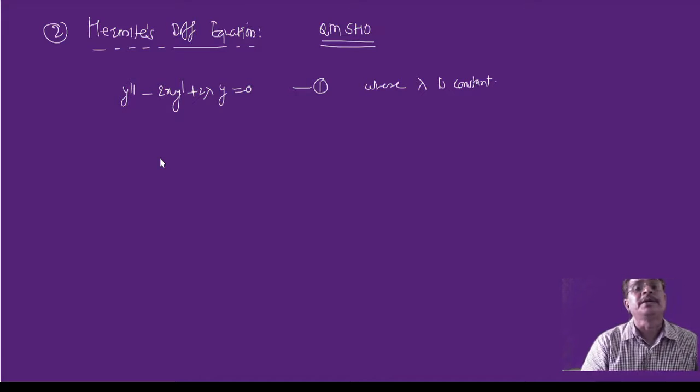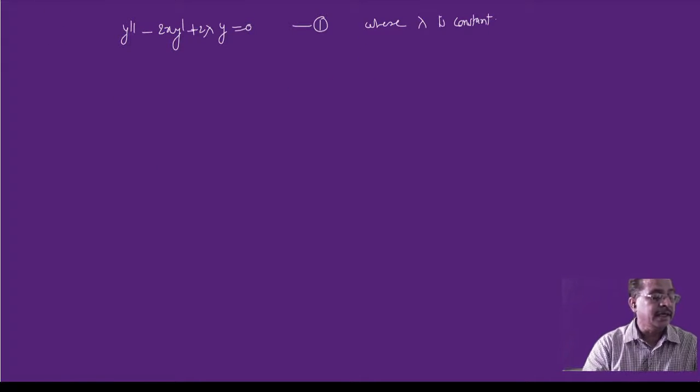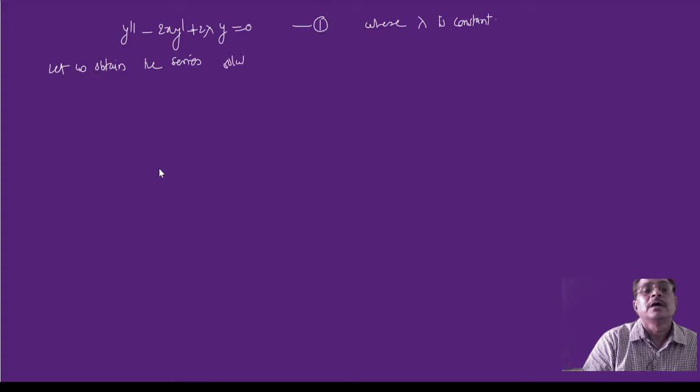Okay, now let's obtain a power series solution for this around x equal to 0. So let us obtain the series solution around x equal to 0.